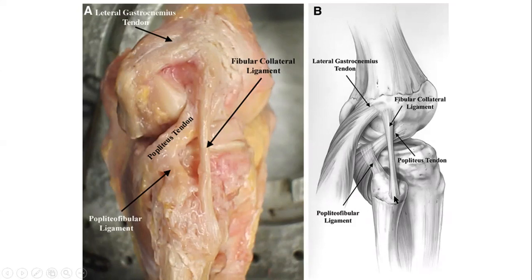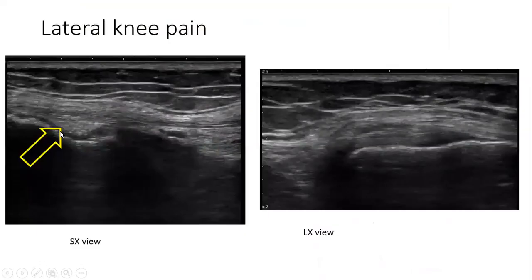And you can see the LCL, lateral collateral or fibular collateral ligament, is right on top of it, attaching from fibula to femur. Under that is popliteus tendon. So here is the popliteus tendon. Here is LCL, and of course, other structures are resected, so you don't see biceps femoris right here. So let's go back here. So this is your popliteus tendon in short axis, long axis.